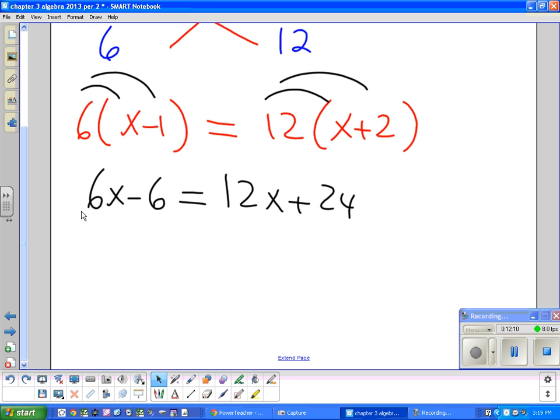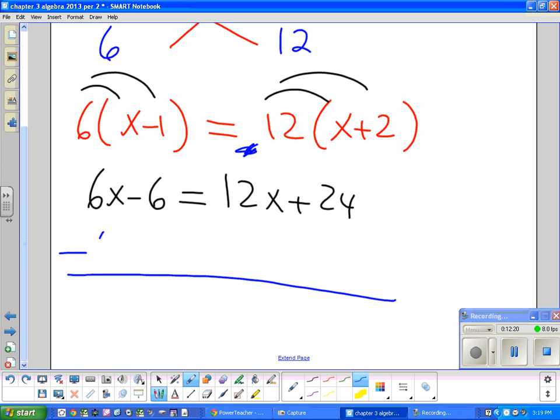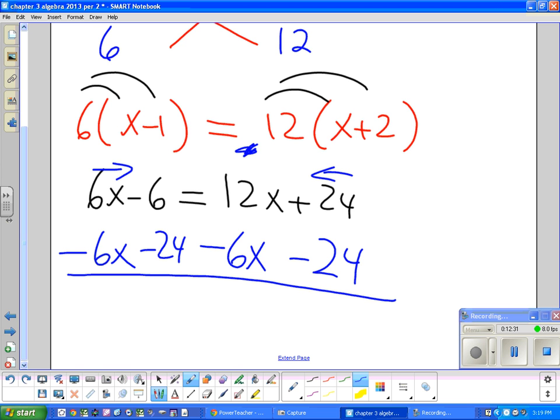Now we need to solve for x, and this brings us back to last week's work. I'm going to bring the x's over here because I got a nice 12 there, so I'm going to subtract 6x from both sides. At the same time, I can bring the 24 over to this side. So we're moving the 24 that way and the 6x that way by addition and subtraction.